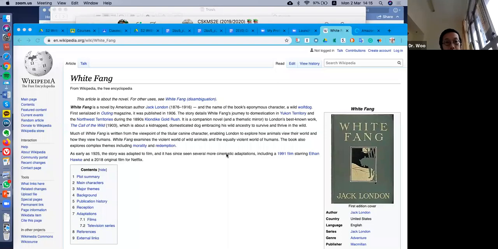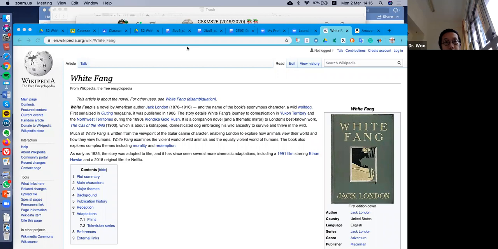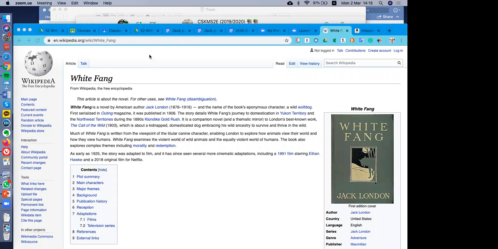I remember reading this book when I was in primary school. It's about a wild wolf dog. So it's not completely wolf, not completely dog. And Jack London's very famous for writing these kinds of books.